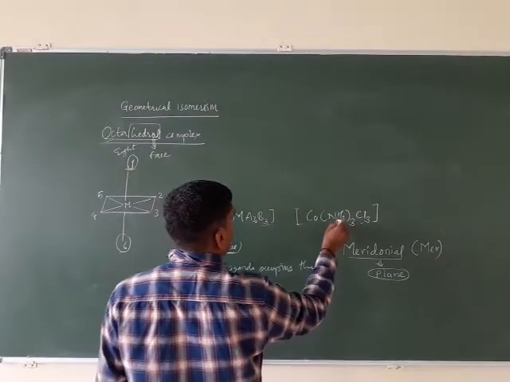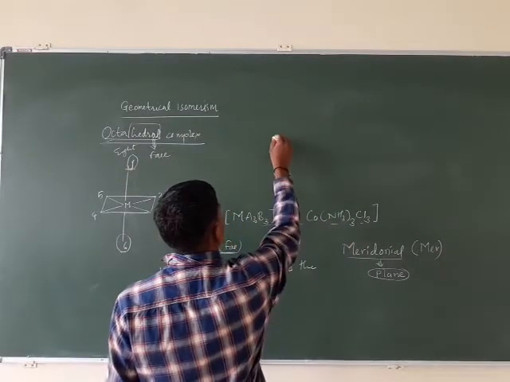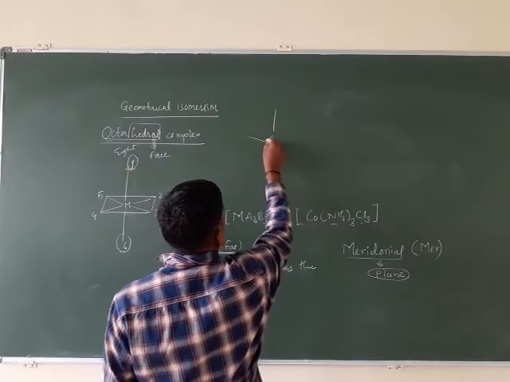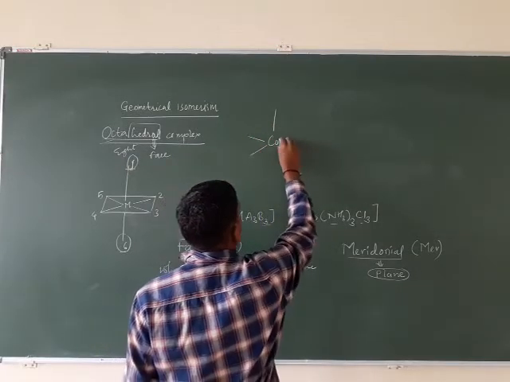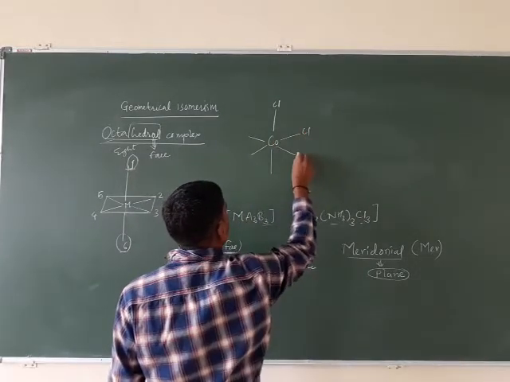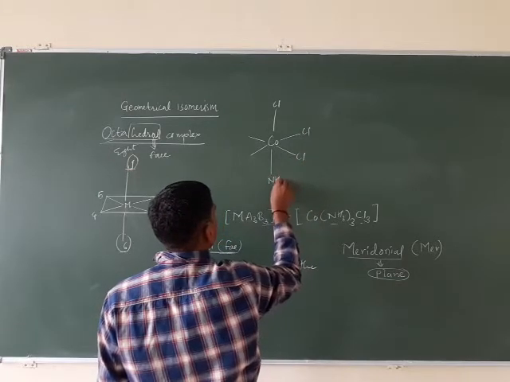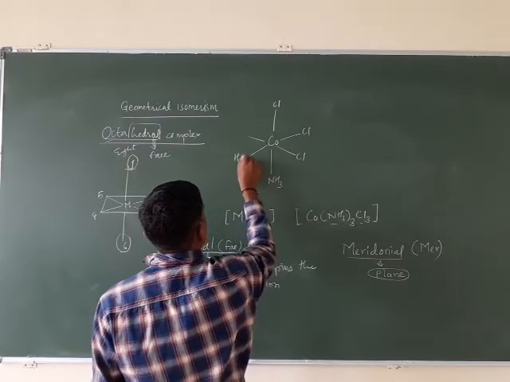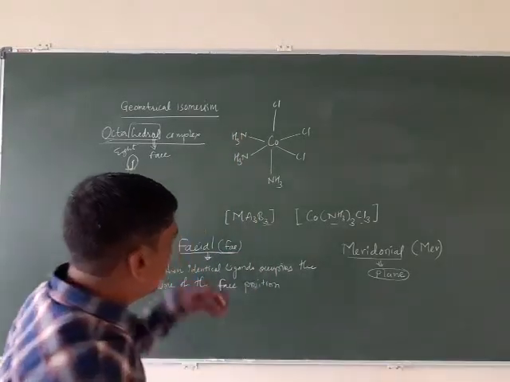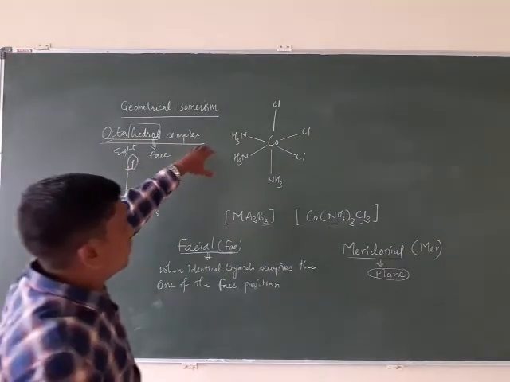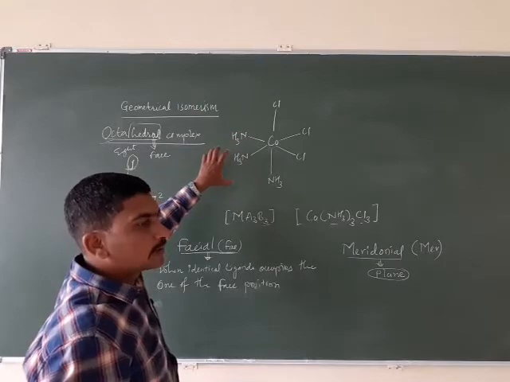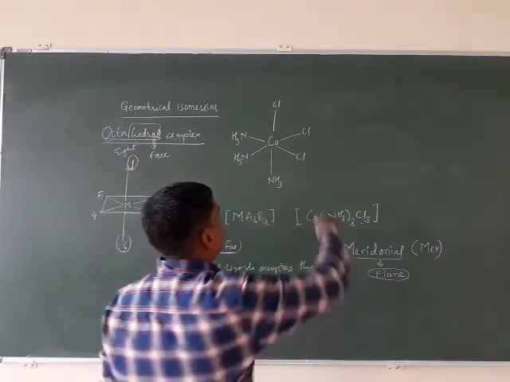So what have we taken? Co NH3 Cl. Now, this isomer, the structure we have drawn on the board, is the facial isomer. Why is this facial?